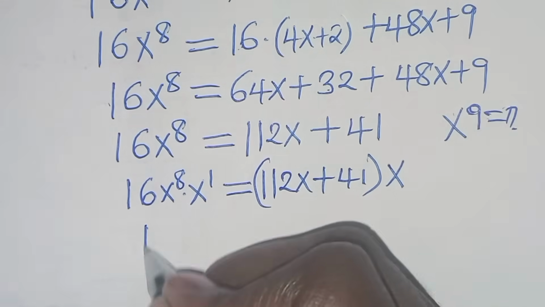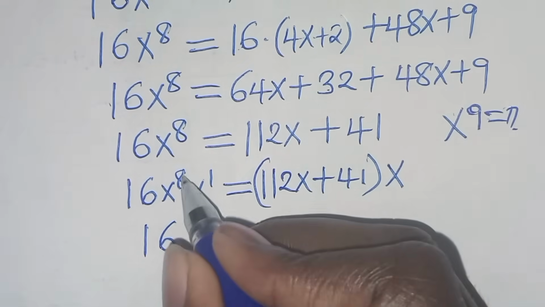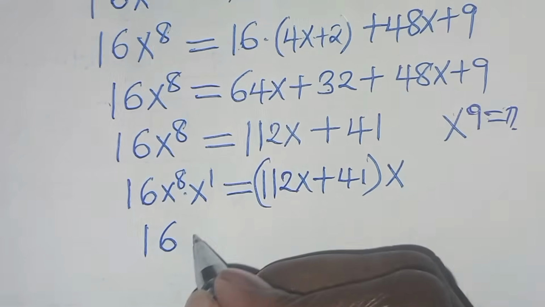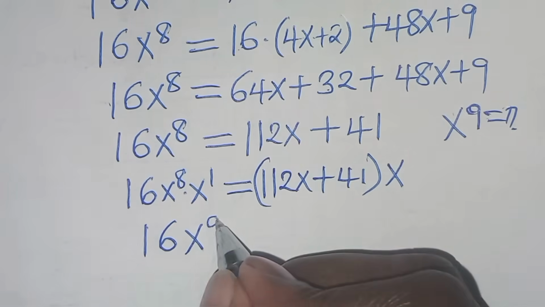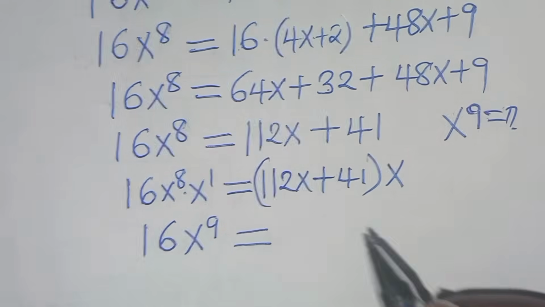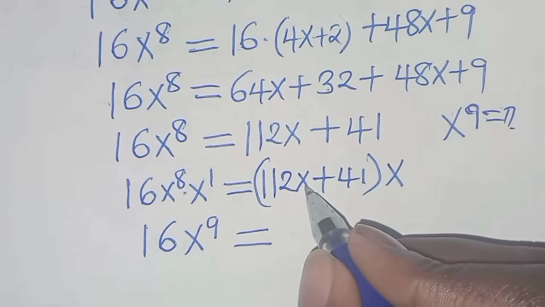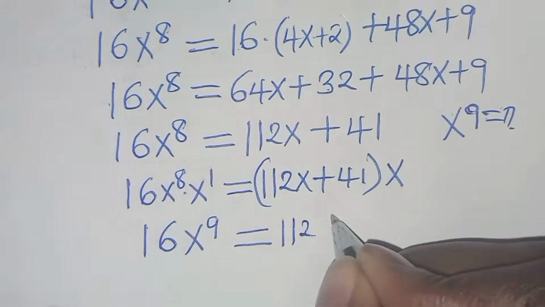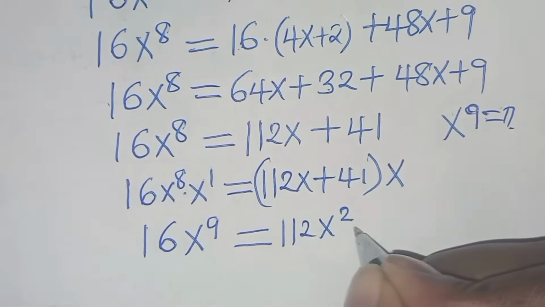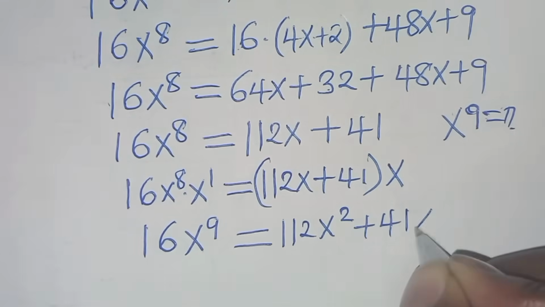So that now this is 16x to the power of 8 times x to the power of 1, by applying the indices identity. So this is x to the power of 9. This is equal to 112x times x here. So this is 112x to the power of 2, then plus 41x.